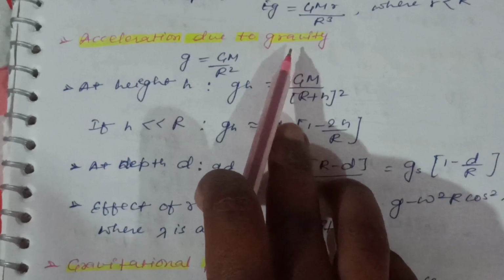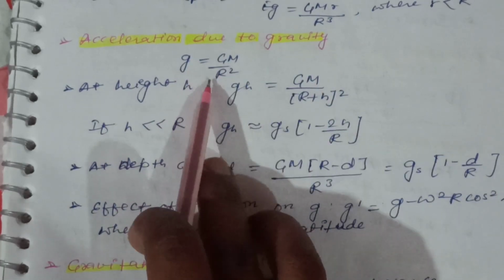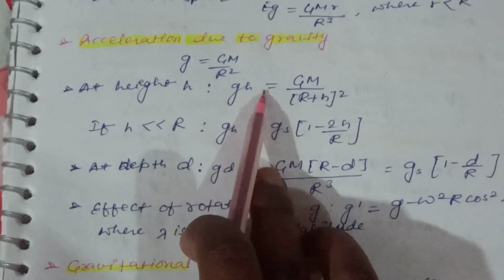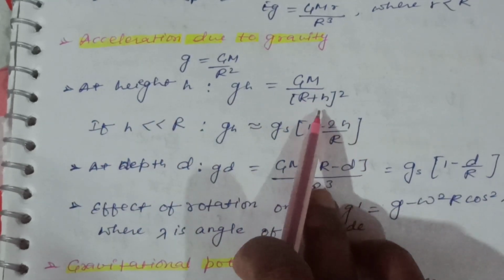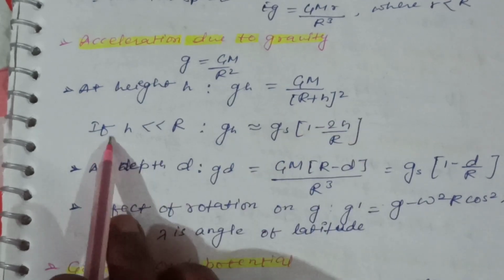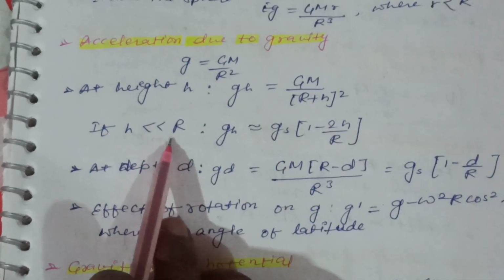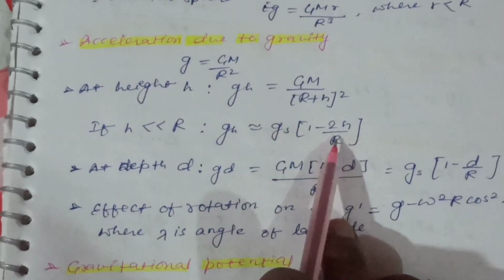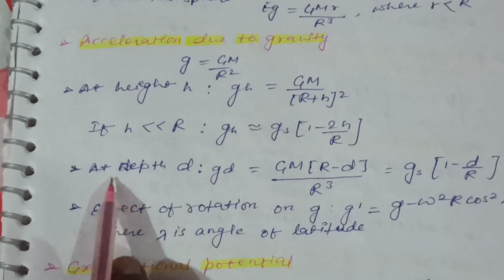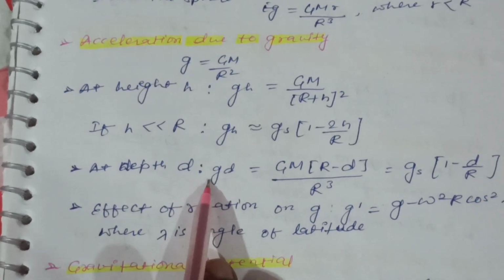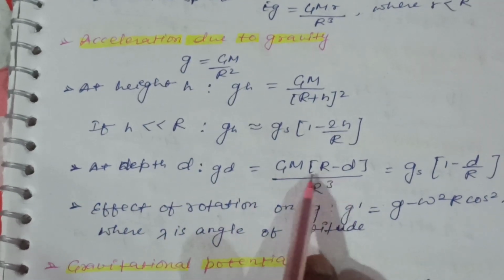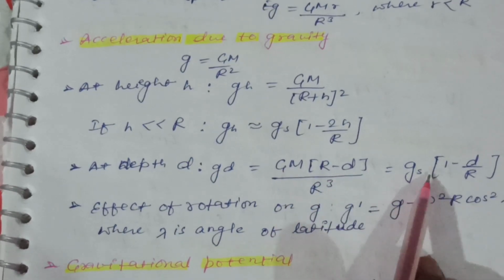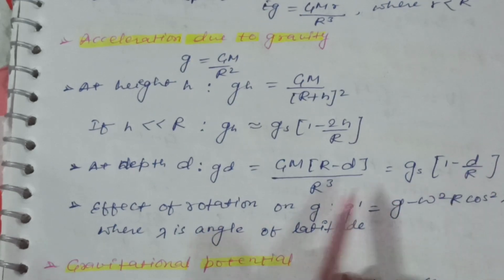Acceleration due to gravity: g = GM/R². At height h, gh = GM/(R + h)². If h is smaller than R, then gh = gs(1 − 2h/R). At depth d, gd = GM(R − d)/R³ = gs(1 − d/R).